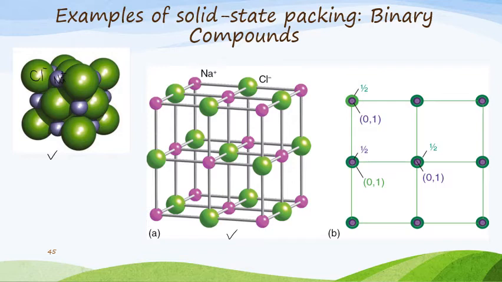And then, of course, this diagram on the far right-hand side is the projection view. Remember, we've done fractional coordinates and projections. This is a projection view down one of the faces where it shows the fractional coordinates of the atomic positions.